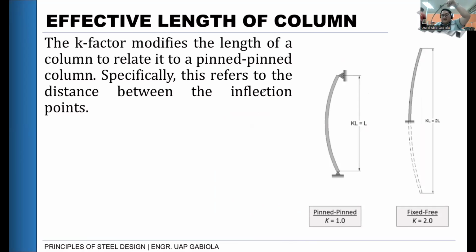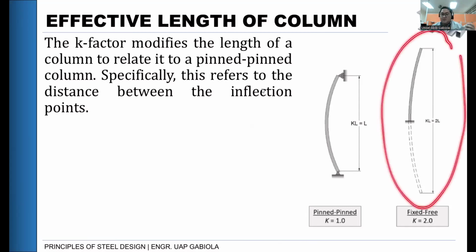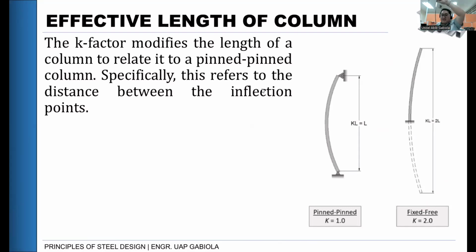So, to achieve the same behavior nung pin-pin na support natin, kailangan parang dodoblehin natin yung length ng column natin as shown dito sa diagram natin. Okay? Dinoble yung length ng column para mabuo niya yung C na kaya nating ma-achieve kapag pin-pin siya, unlike kapag naka-fix na kalahati lang ang nagagawa natin. Okay? So, yun yung purpose ng factor natin na K. Okay? To convert yung ibang support condition natin to the original assumption natin na pin-pin siya.